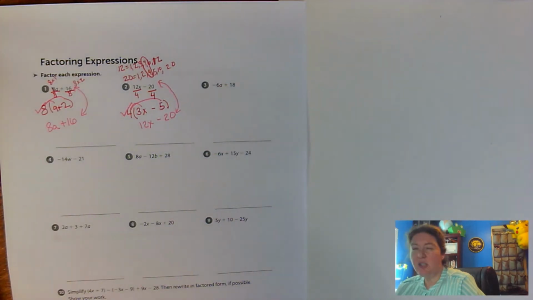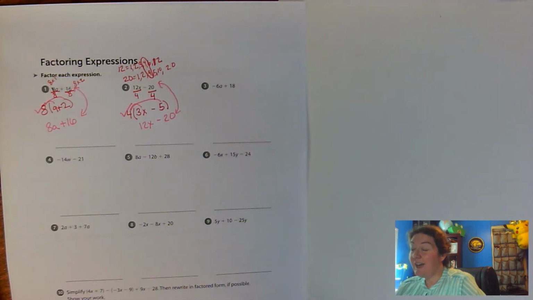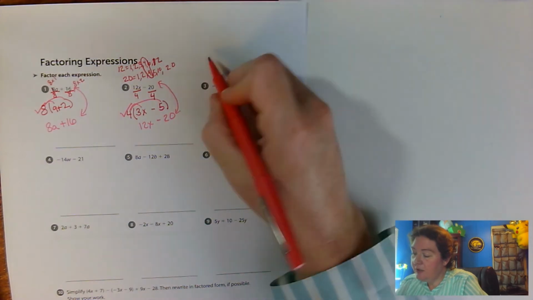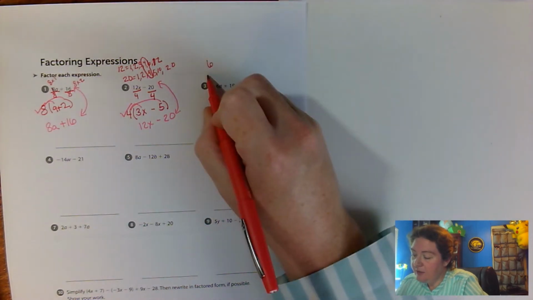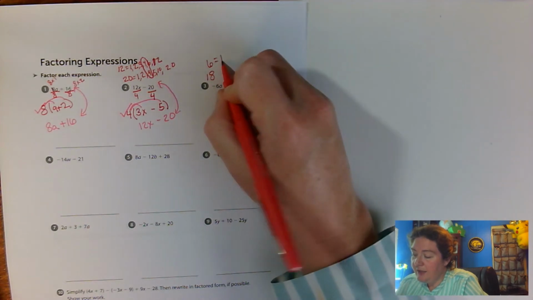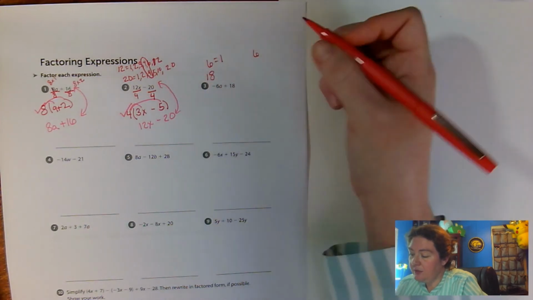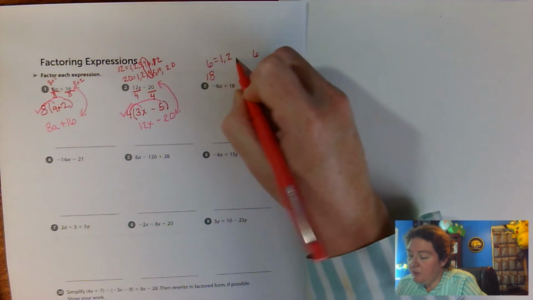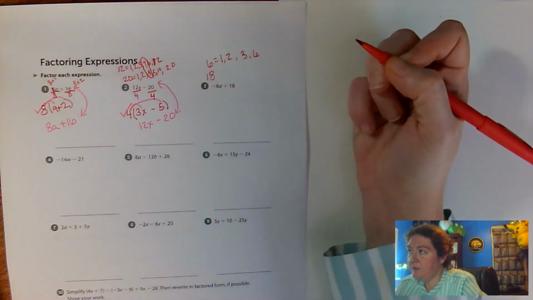Alright, kind of starting to see the rhythm here. We're pulling out what is in common. I've got to know my multiplication facts for these. Alright, on number 3, I've got a 6 and an 18. To make a 6, I can say 1 times 6 and 2 times 3.